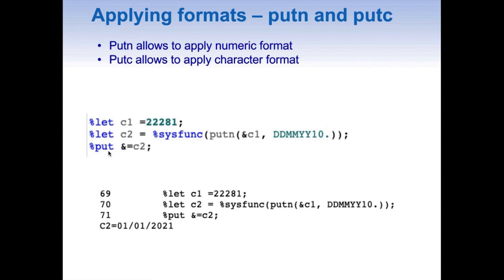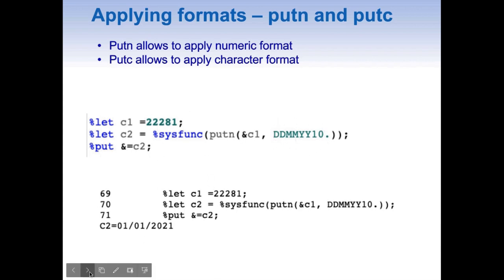And we are also doing %put to see this value in the log, and once we run these three lines of code, this is the value we see in here, that is 01012021. So by using %sysfunc and putn, we were able to apply format to this value.